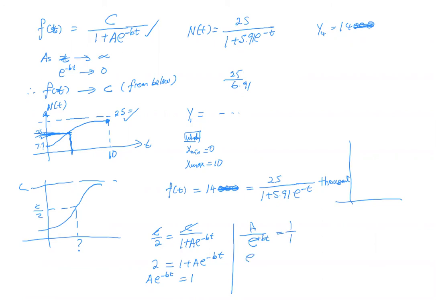So e to the power bt equal to A. So bt equal to ln A. So t equal to ln A over B. Please write this in your notes so that when you need to use it, you can use it straight away.